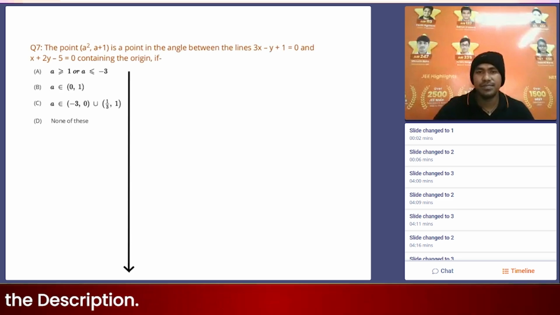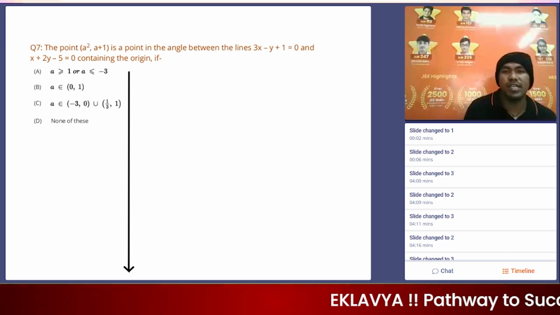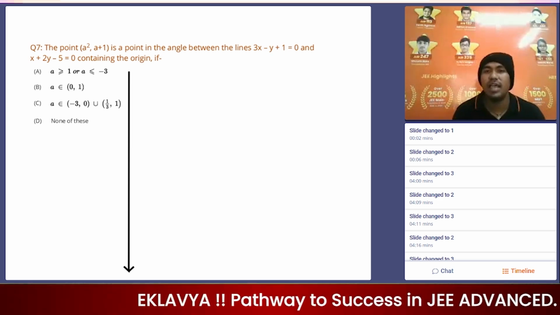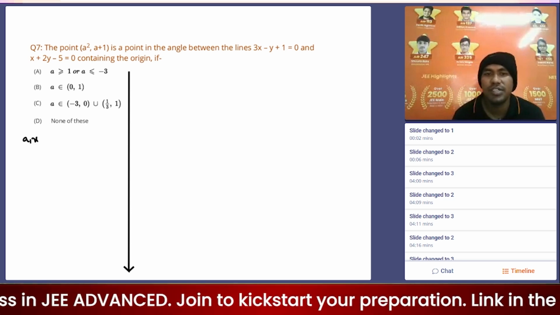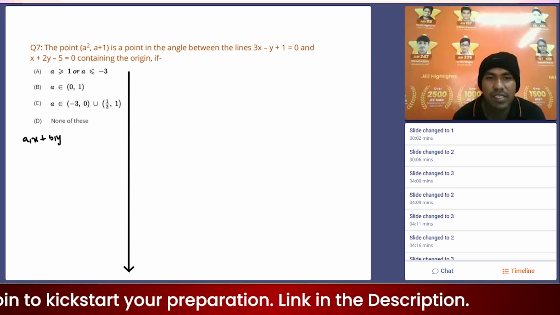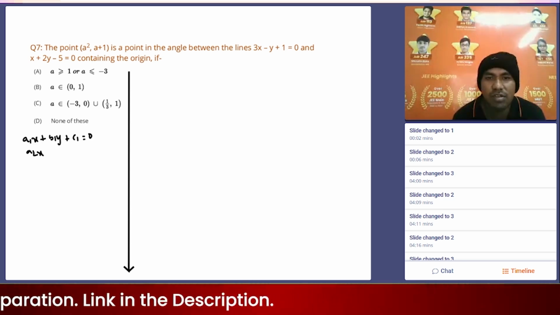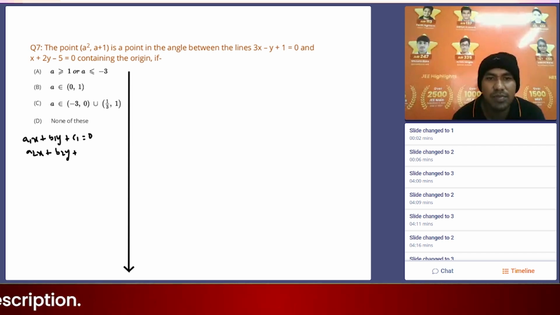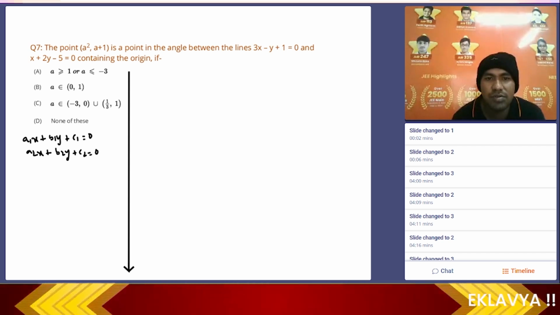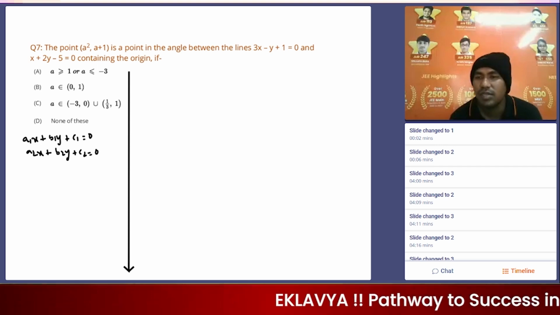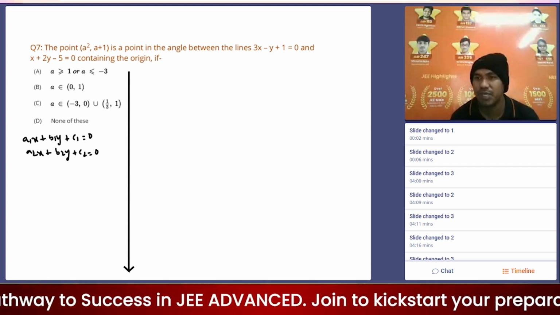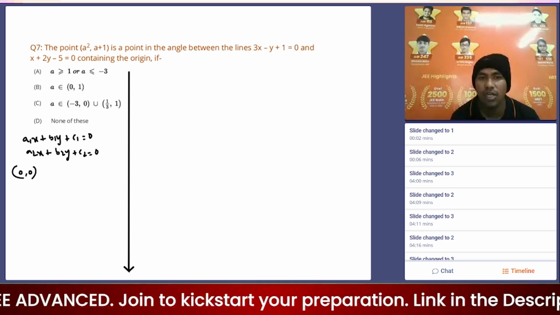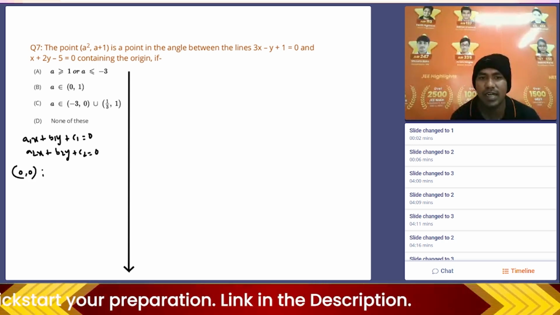The next one. The point a square comma a plus 1 is a point in the angle between the lines and containing the origin. See, when we have a1x plus b1y plus c1 equals to 0 and a2x plus b2y plus c2 equals to 0, then for the angle bisector containing a point, we have taken the special case when it contains the origin.